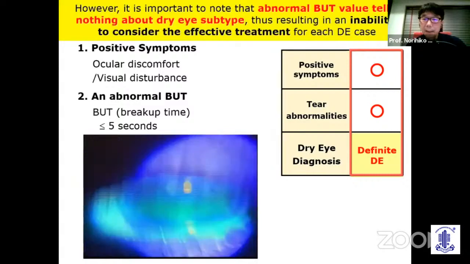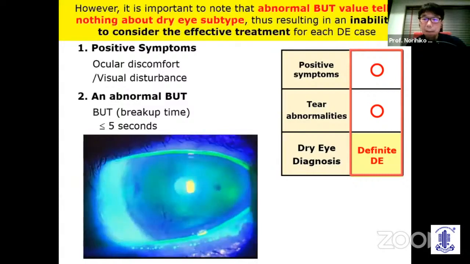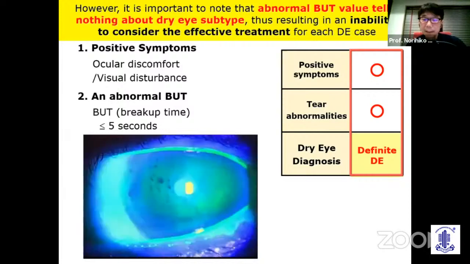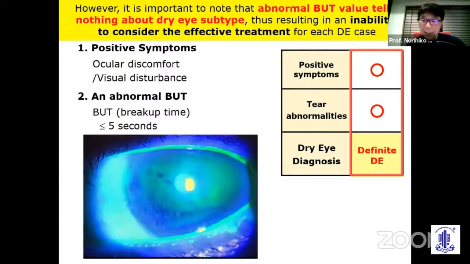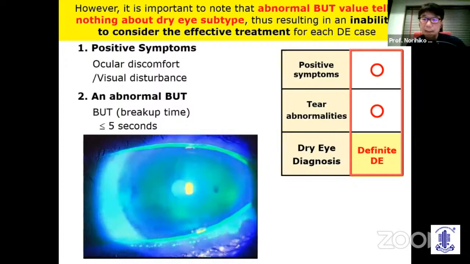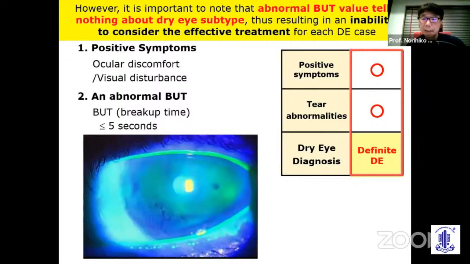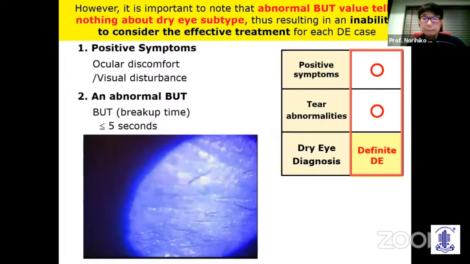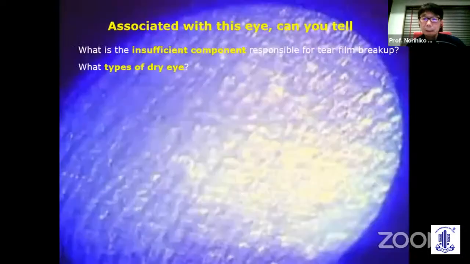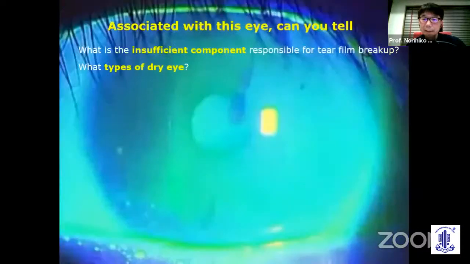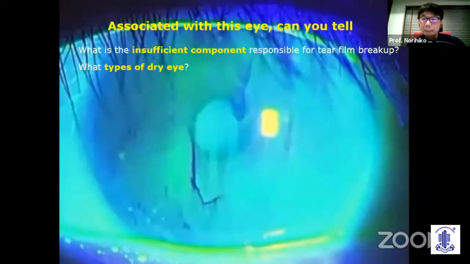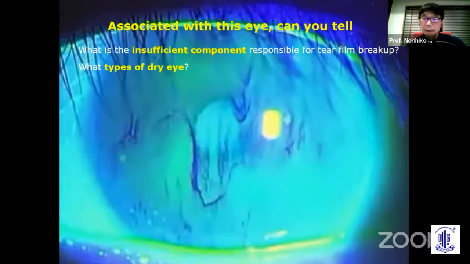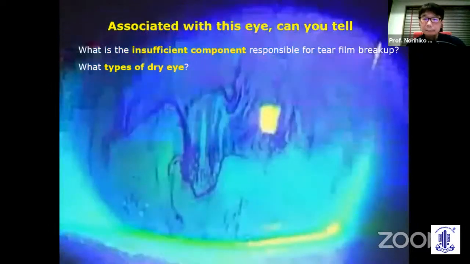However, it is important to note that abnormal BUT tells nothing about dry eye subtype, thus resulting in an inability to consider the most effective treatment for each dry eye case. Please watch this movie. Can you tell what is the insufficient component associated with this dry eye?